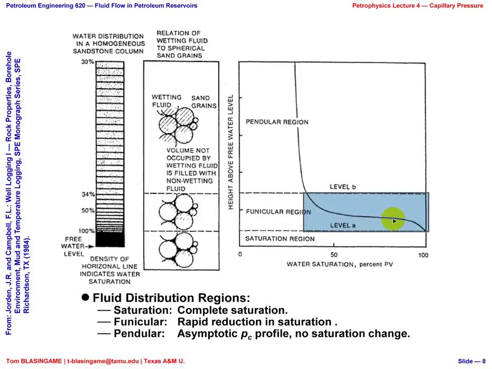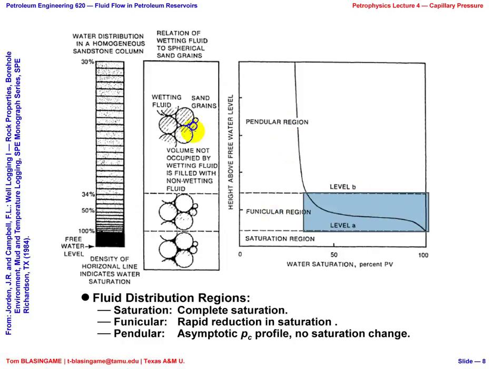So this obviously is a function of the size and the distribution of the pores. Small pores, poorly sorted, this curve is going to be much higher. It'll take a lot more pressure to remove the same amount of fluid.